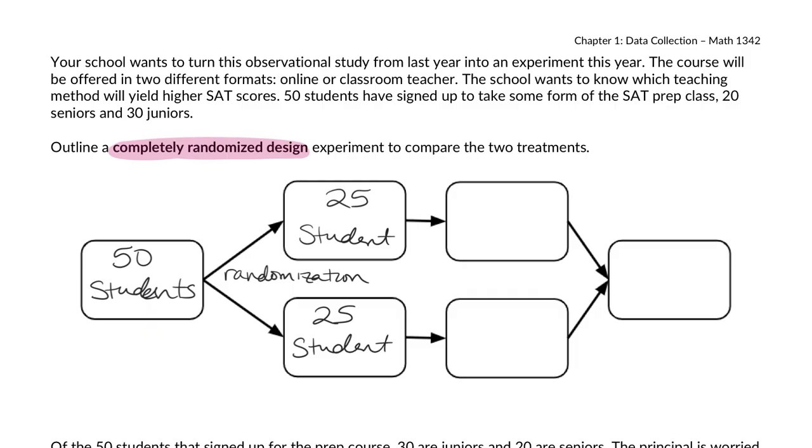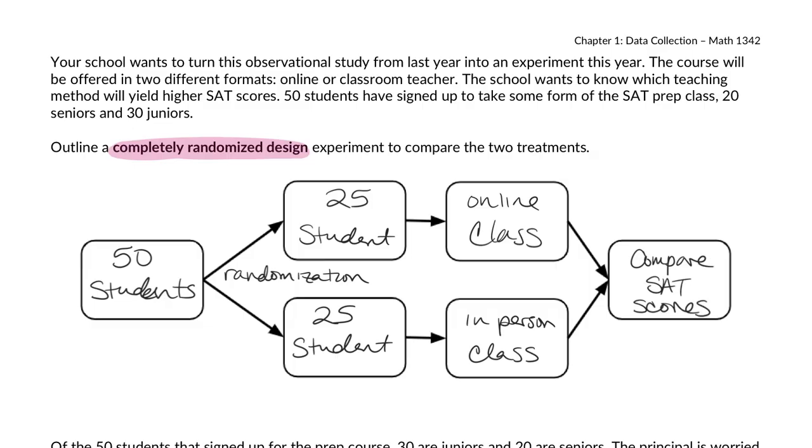From there, the first group would get maybe the online class. That's their treatment. The second set of 25 would get the in-person class with the classroom teacher. They go through the treatment. Then once the treatment is over, we can come back and compare their SAT scores.